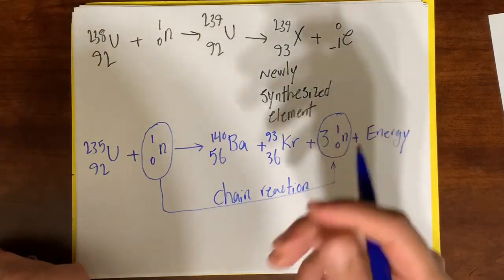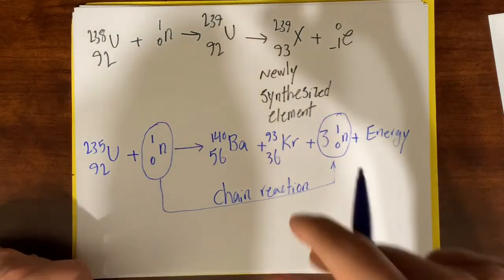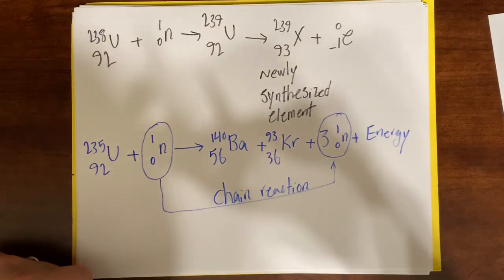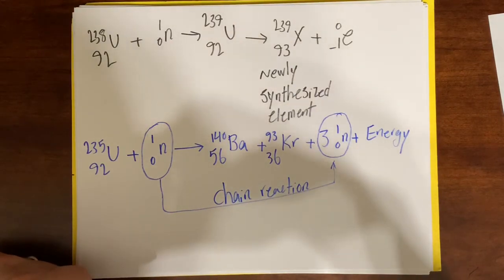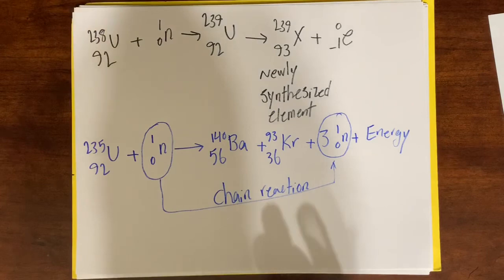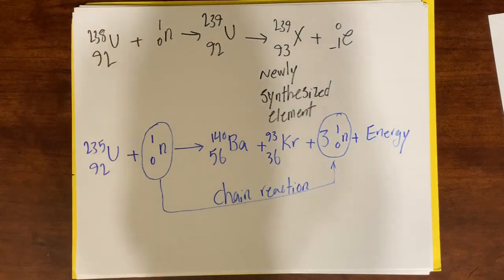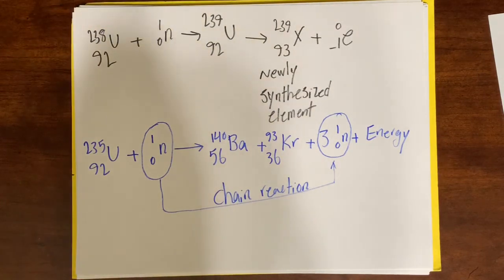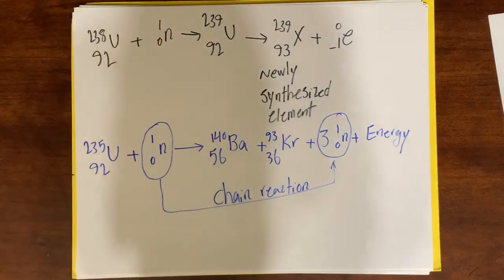This is very common when it comes to nuclear reactions. Okay, and they use this in a nuclear bomb. So you need to have enough mass of uranium.